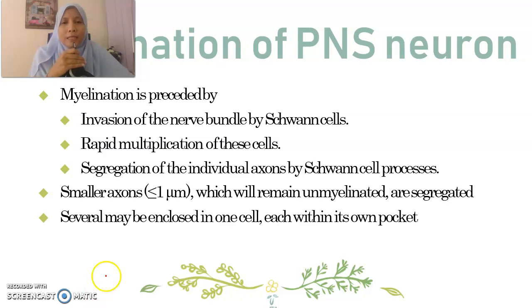In detail, we go to myelination inside the peripheral nervous system neuron. The main neuroglia focused on here are the Schwann cells. How does it occur? First, because of the invasion of the nerve bundles. Second, because of the rapid multiplication of these cells, and also because of the segregation of individual axons.